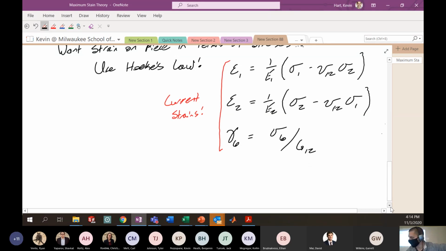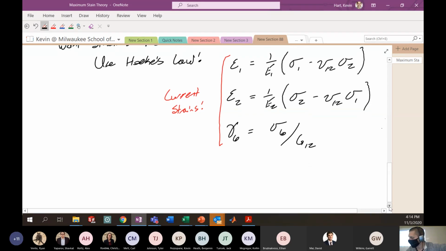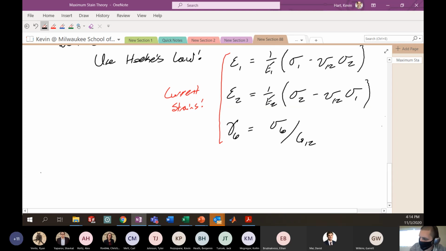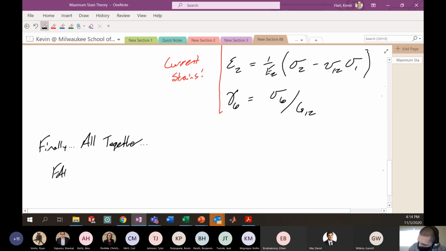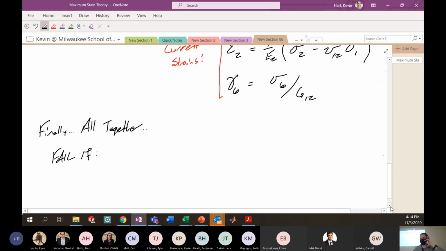We're transforming the strain into stress through Hooke's law and rewriting. So finally, all together, we have the following. We fail if any of the following conditions are met.